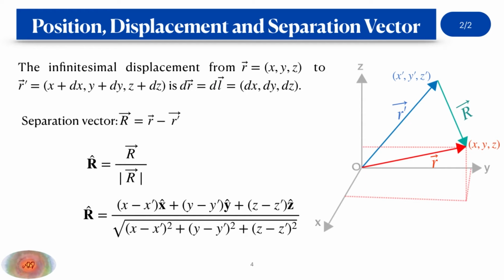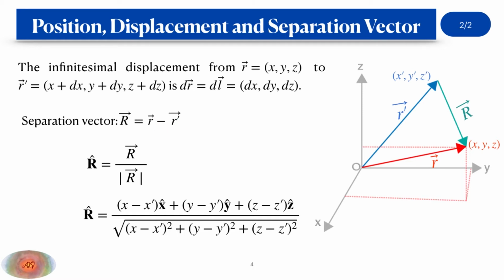But if the distances are not infinitesimal, then you can easily write it as capital R. So capital R is nothing but the difference between the field point and the source point. First it is the field point, then it is the source point.